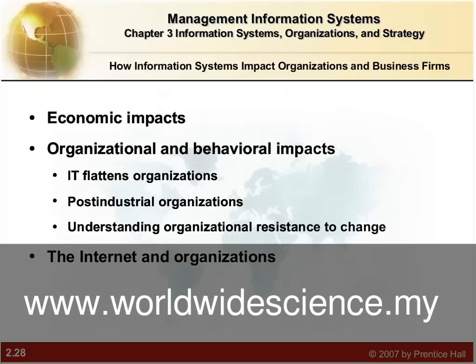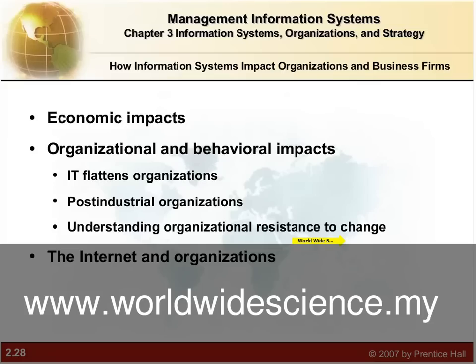The internet and organization: implications for the design and understanding of information systems. So we said flattening organization. This one is a traditional hierarchical organization with many levels of management. Maybe in a developing country or in a developed country, they solve this problem.